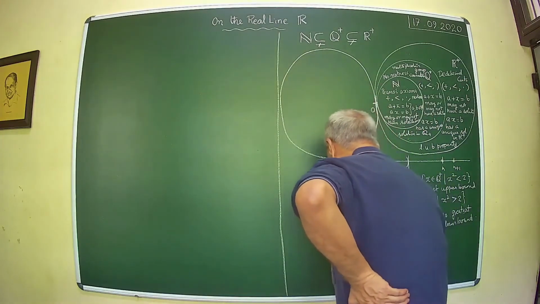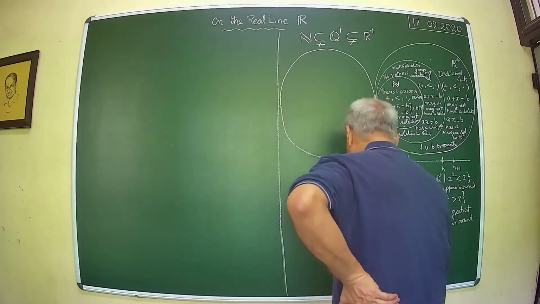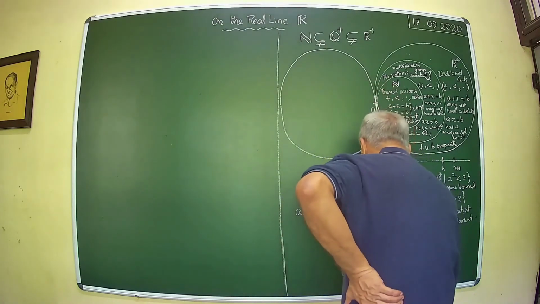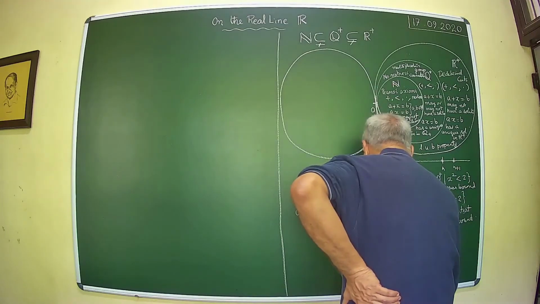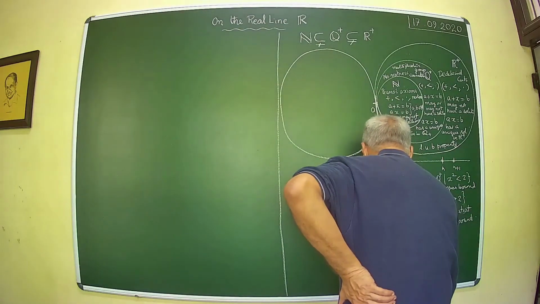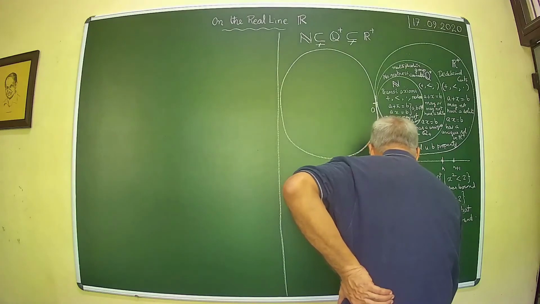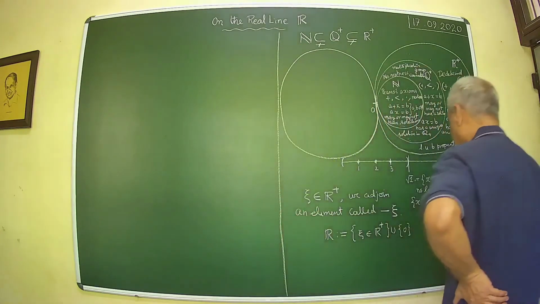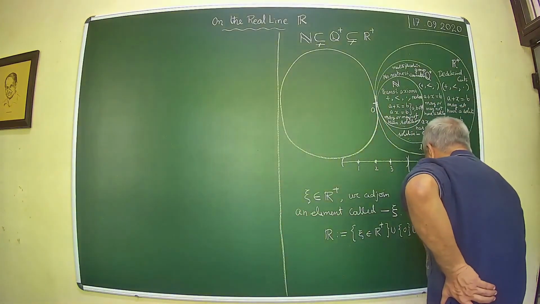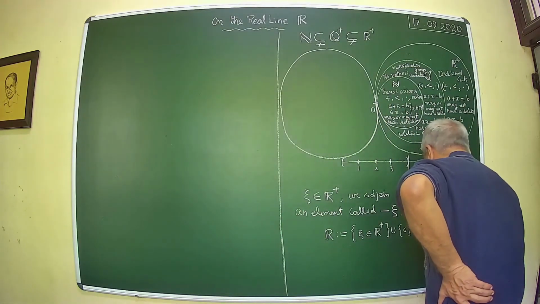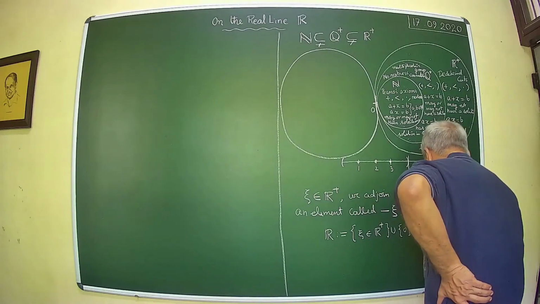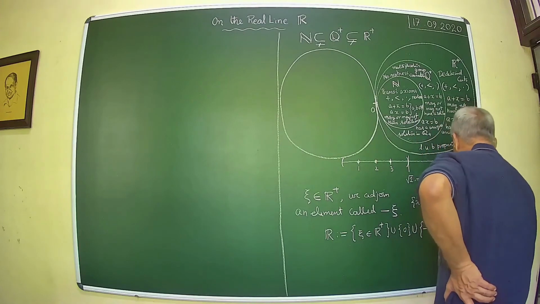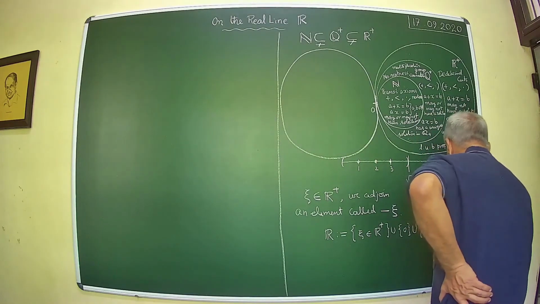So this is what you get. So let us denote this by R, defined as the set of all psi belonging to R plus, union a new entity called 0, and then adjoined to this the set of all elements minus psi such that psi belongs to R plus.